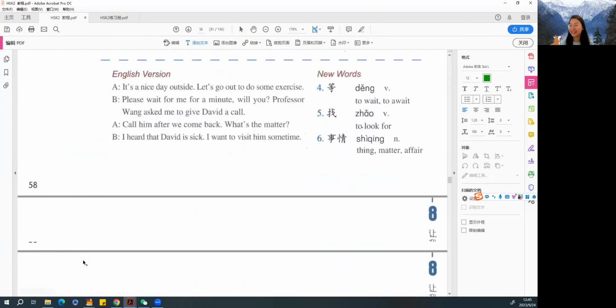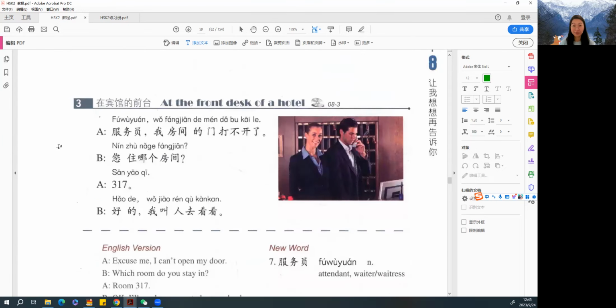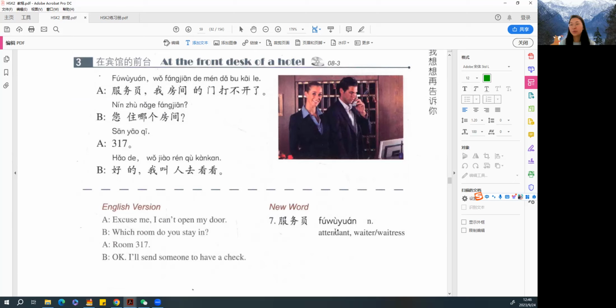All right, so let's take a look at text number 3. 在宾馆的前台. So front desk means 前台, hotel 宾馆, 服务员.